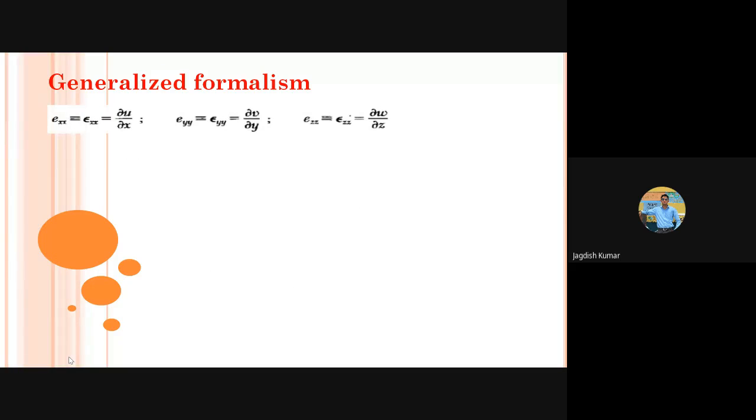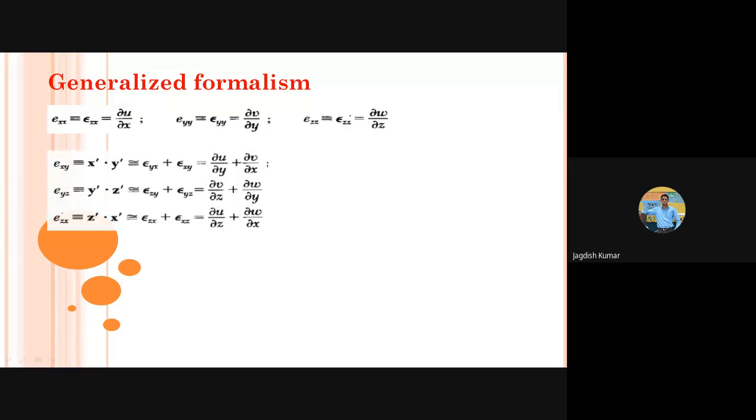That's the only thing; there is not much difference between them. So this is related to the strain. We can define small exx, small eyy, small ezz, the way they have been defined.